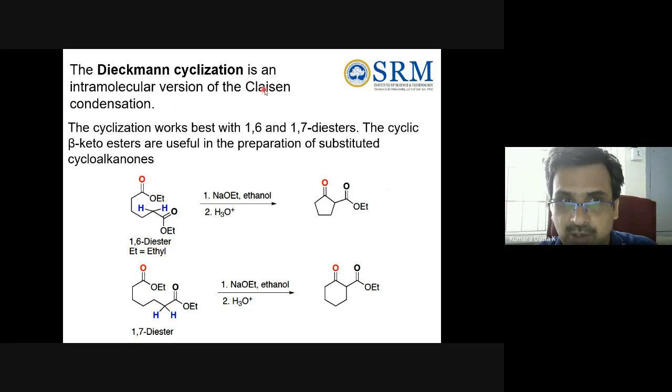It's an intramolecular version of Claisen condensation, and it is used to prepare cyclic alkanones. If you write that, then it is fine. You need not worry about the mechanism. For 4 marks, if you write these two, it is fine.